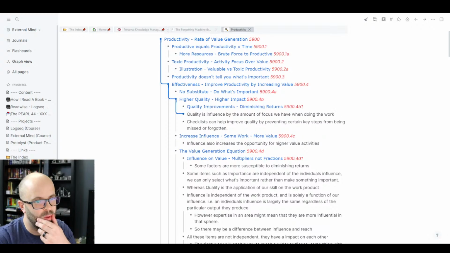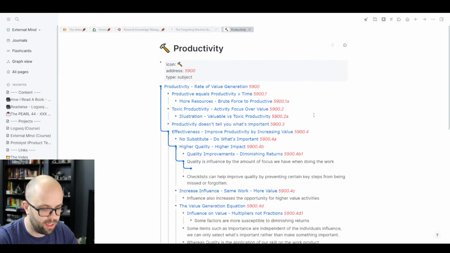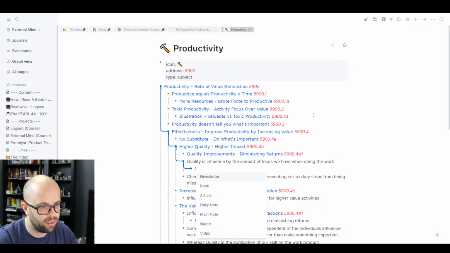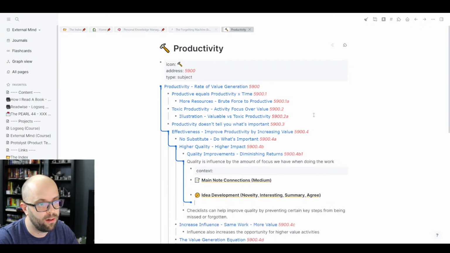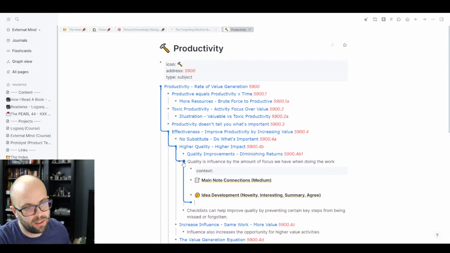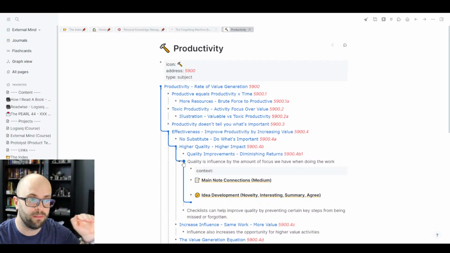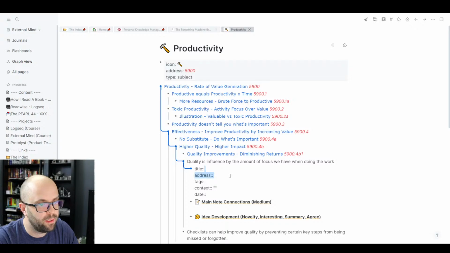So if I wanted to turn this into a main note, then I would just put my template right here, fill in all the information, create my index card, and then just turn it into a page within the part of the Zettelkasten where I would insert it.